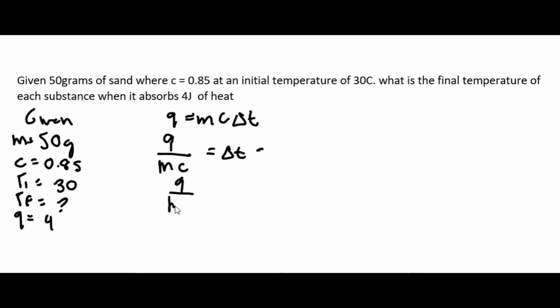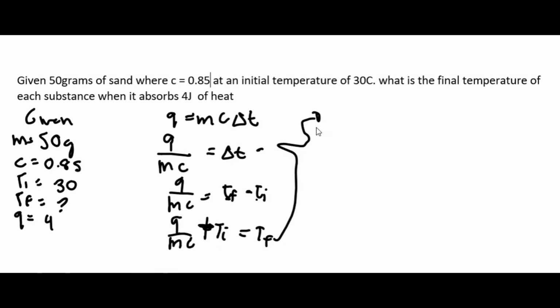Q is mc times TF minus TI. So we just want this on this side and this one on the other side. So Q over mc plus initial temperature equals TF.